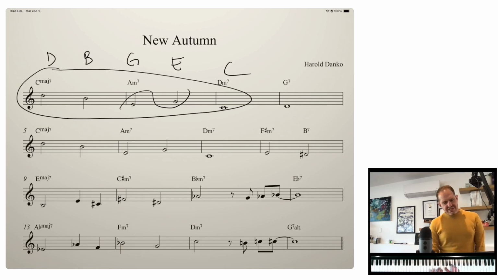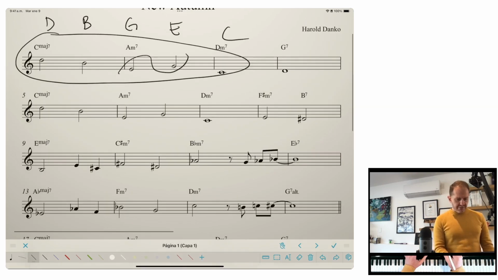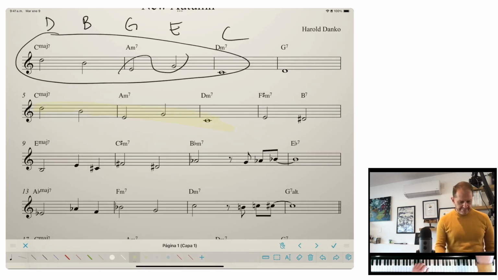So we essentially have this stack of thirds, or we can think of it as a 7th chord and 9th chord arpeggio with a slight variation. But I think it's worth thinking of this as an arpeggio. And you could see, obviously, that kind of repeats in bars 5 through 9.